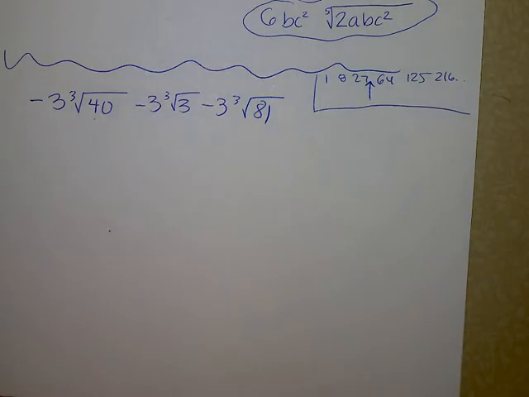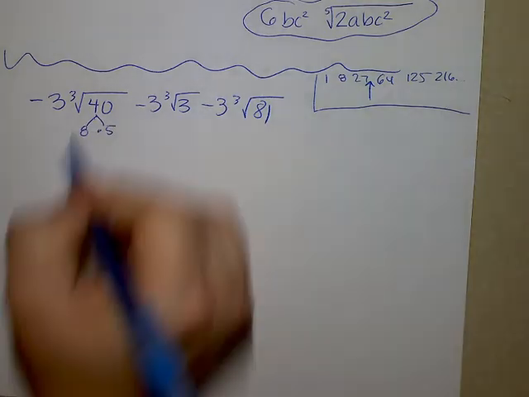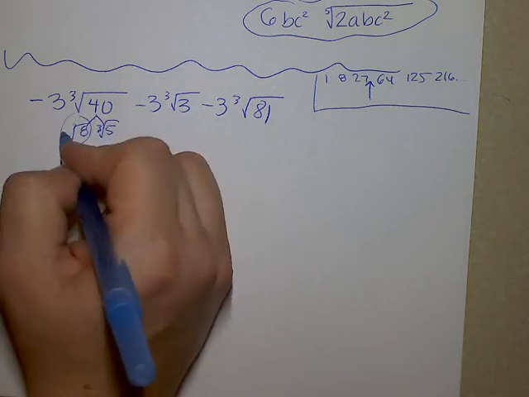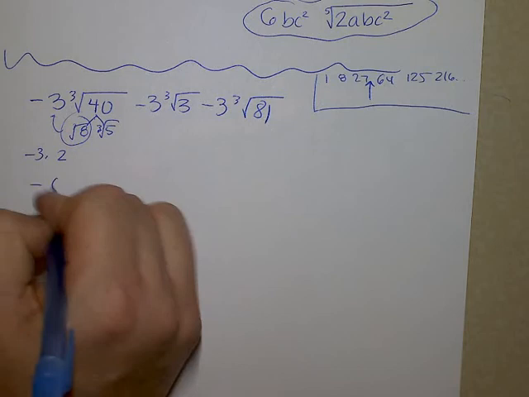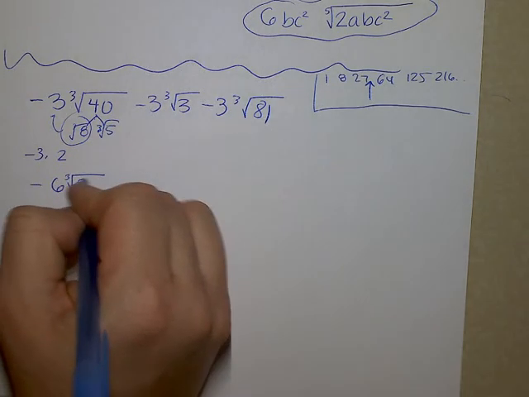But 1 doesn't reduce anything, so I'm only looking at 8 and 27. Does 8 or 27 nicely divide into 40? 8. So 8 times 5. Now, the cube root of 8 is 2, and 2 times negative 3 is negative 6. And I'm going to leave the cube root of 5 in that place.